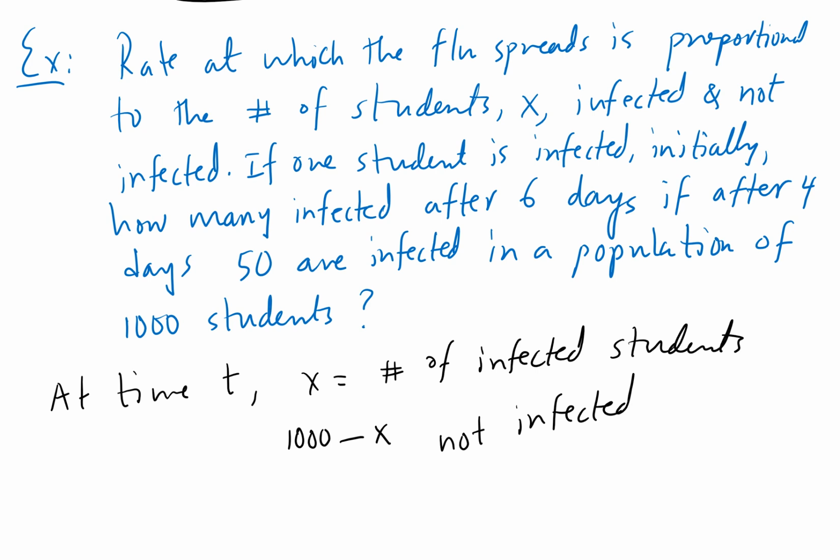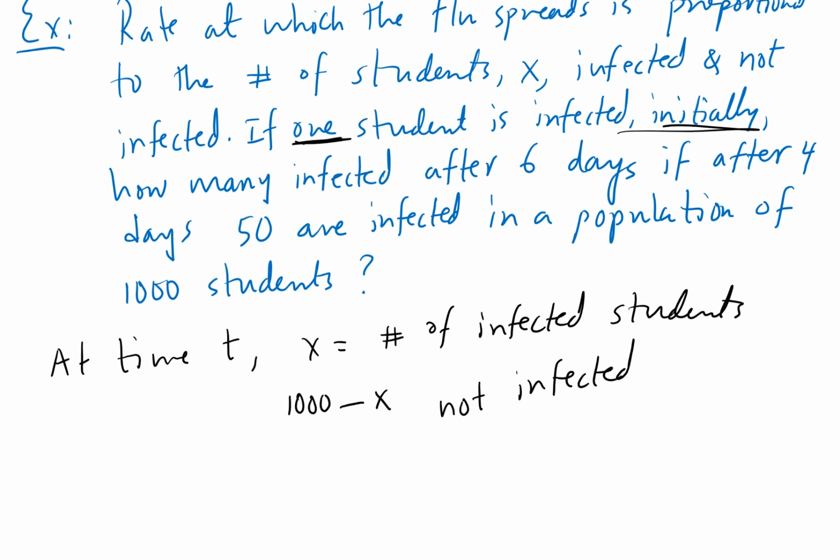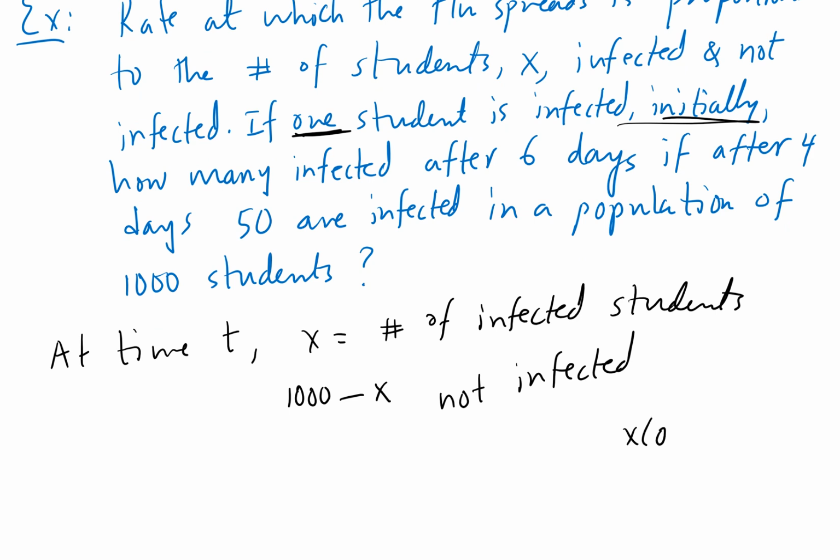What else did they give us? They said if one student is infected initially, so this means X of 0, at time equals 0, is 1, only one person. After 4 days, so X of 4, t equals 4, there were 50 infected.